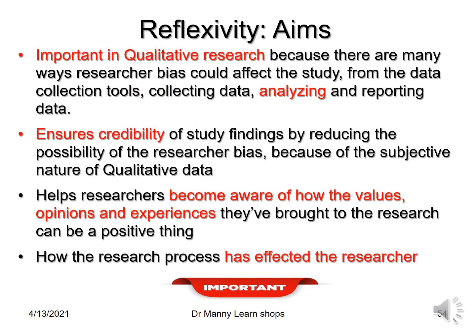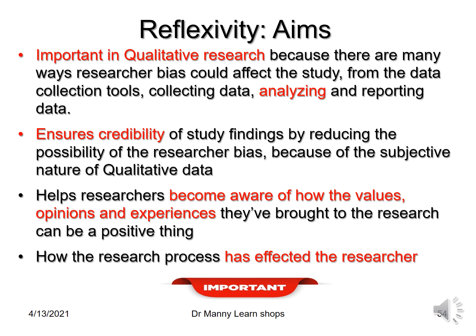What are the aims of reflexivity? Well, in qualitative research, it's important because there are many ways, as we said, that you as a researcher could bias the study. And this is from the data collection tools, collecting the data, analysing, and then reporting the data.